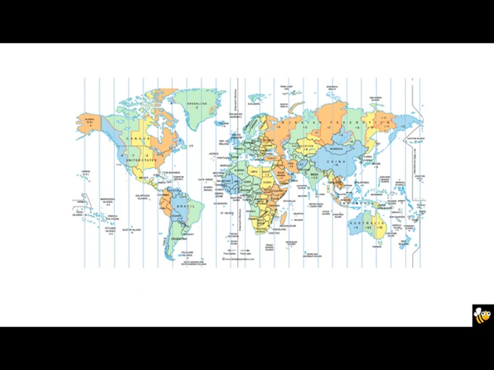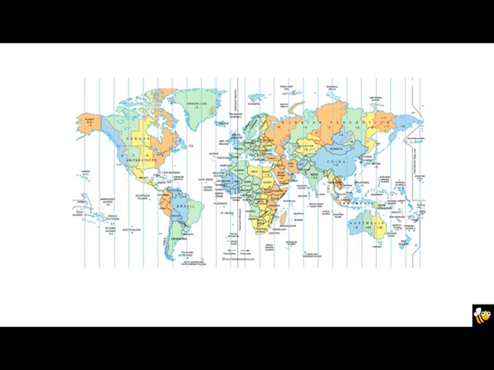The rate of difference can be calculated: the earth rotates 360 degree in 24 hours, which means it covers 15 degree in 1 hour, or, converting into minutes, 1 degree in 4 minutes.